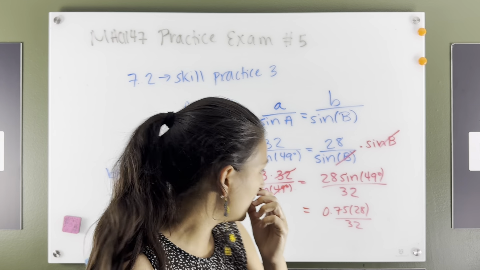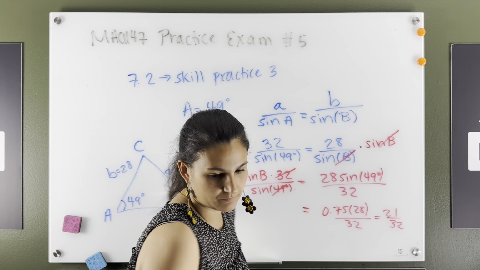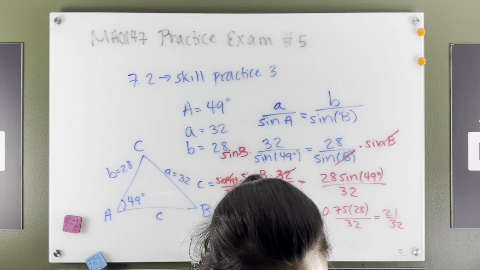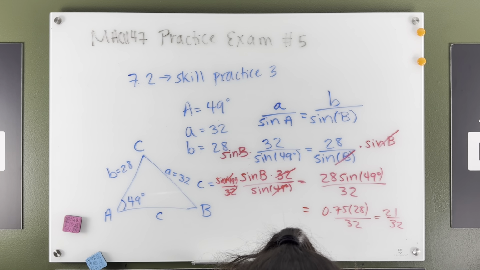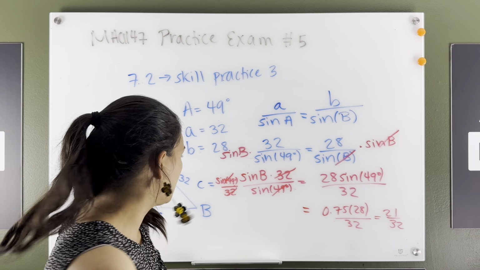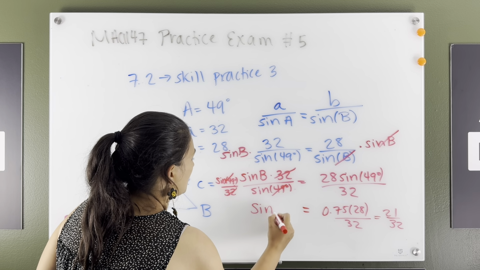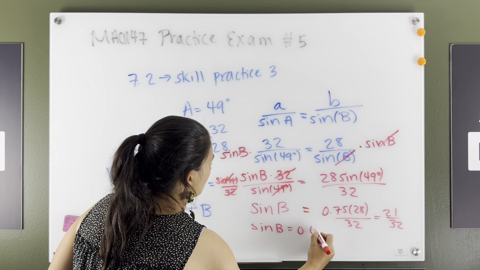Okay, so that's 21, and then 21 divided by 32 gives 0.66. So sine of B is equal to 0.66.